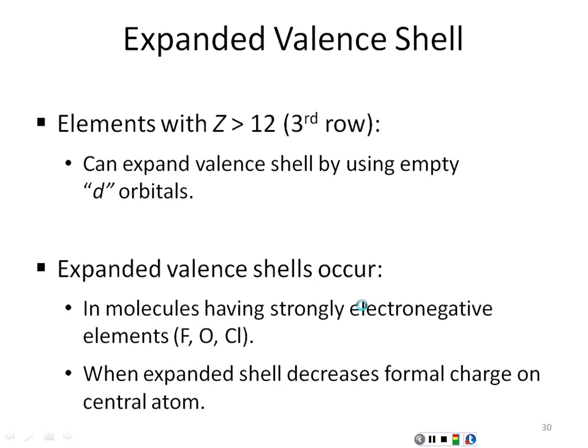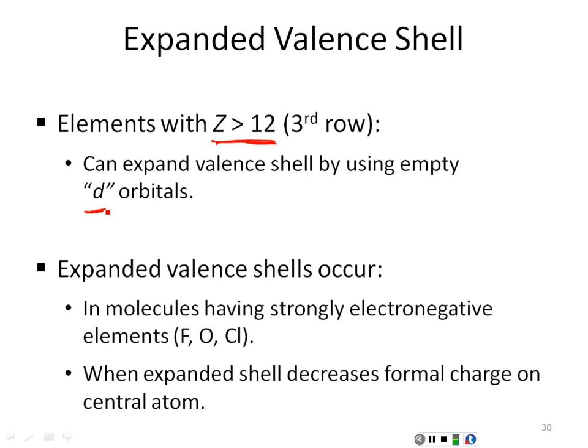More commonly, what we're going to see as an exception to the octet rule is expanded valence shells. And this can occur in elements with Z greater than 12, so an atomic number greater than 12, and that occurs starting in the third row. These elements can expand the valence shell by using empty d orbitals.